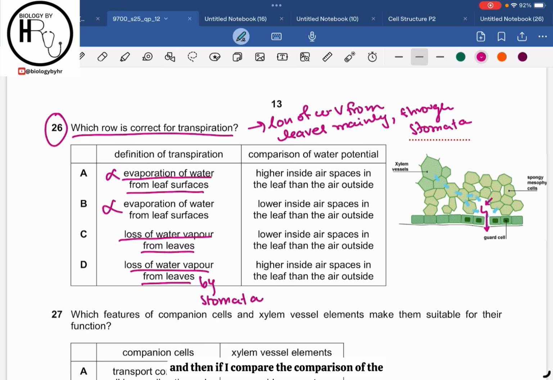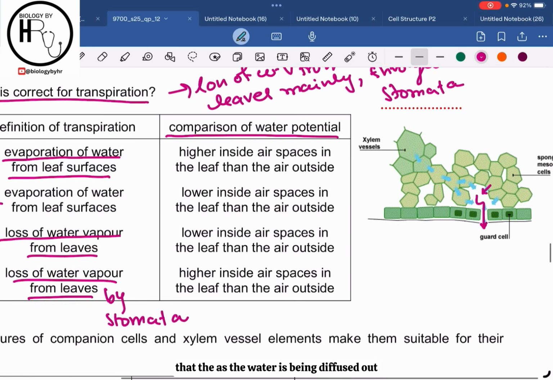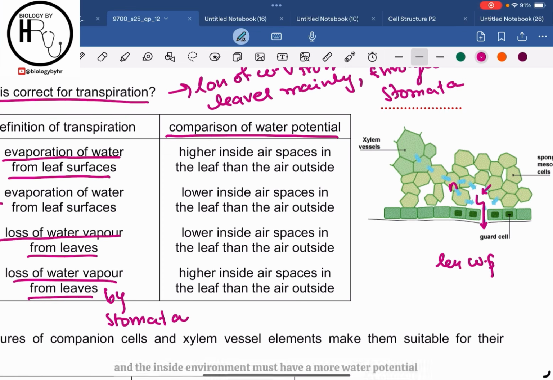And then if I look at the comparison of the water potential, we know that as the water is being diffused out of the plant towards the environment, the outside environment must have a lower water potential, and the inside must have a higher water potential, because we know that water vapors move down the water potential gradient from a region of higher water potential to a region of lower water potential.